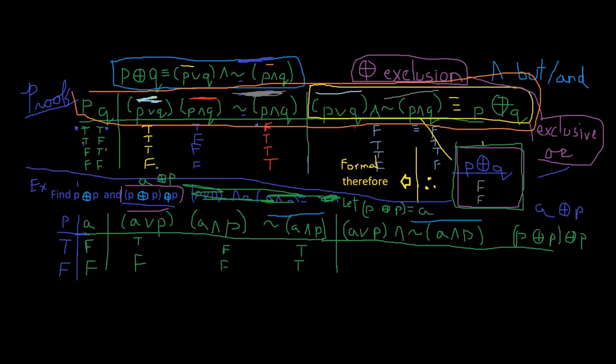It has to be both true. We can clearly see this is true, this is true, so therefore that's going to be true. And this is false, so I'll put it in a yellow color. This is false, so it has to be false. And so right here we have true and false, and that has to be logically equivalent to this and this. And so therefore this has to be true and false.